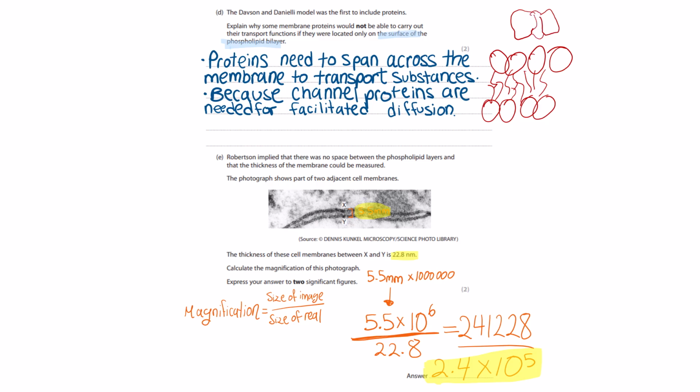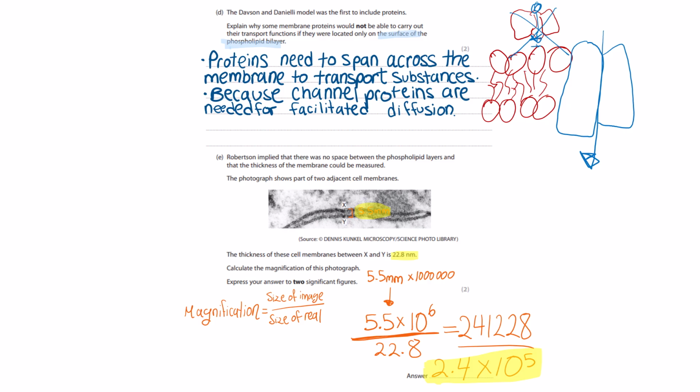So if my protein is facing outward and a molecule wants to enter, well, what's the help in that? So this is not going to work. So our proteins, it's called an integral protein actually. So this allows for facilitated diffusion. Because if it's just on one side, that wouldn't make any sense.